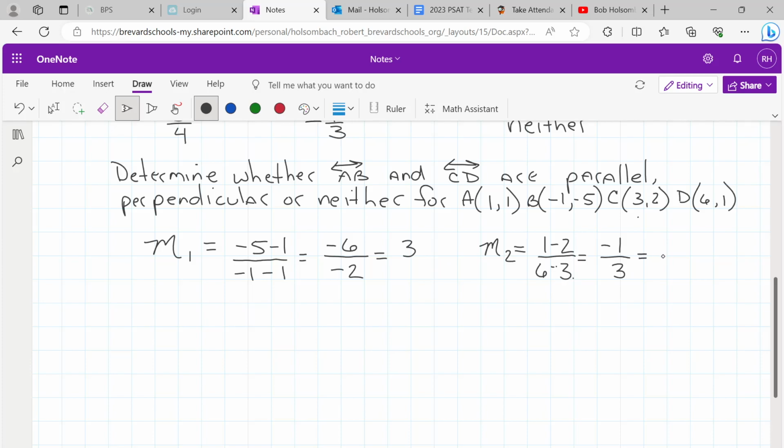And this simplifies to -1/3. The slope of line 1 was 3, which is the same as 3 over 1. So what's the relationship between the lines? They're perpendicular. Their slopes are negative reciprocals of one another.